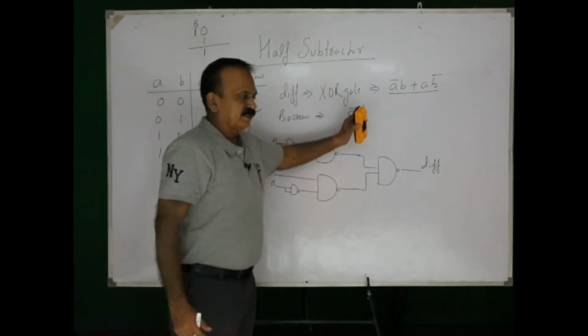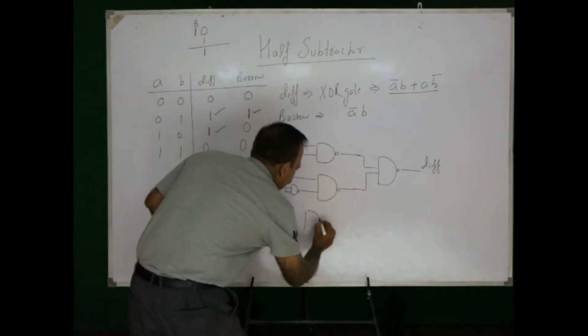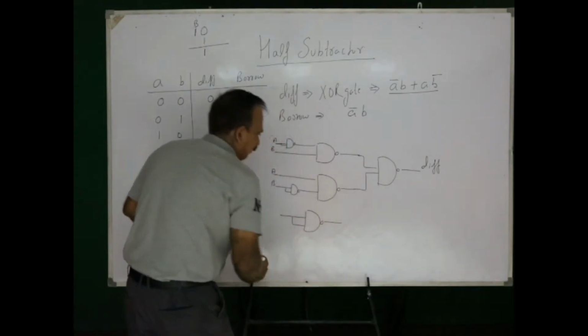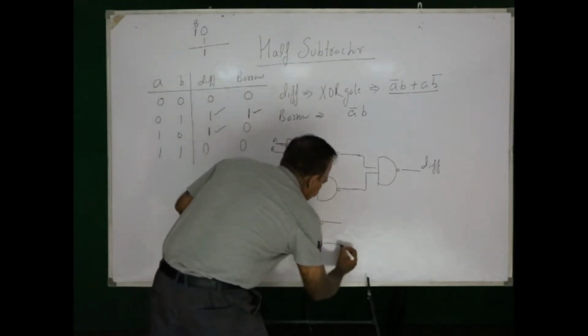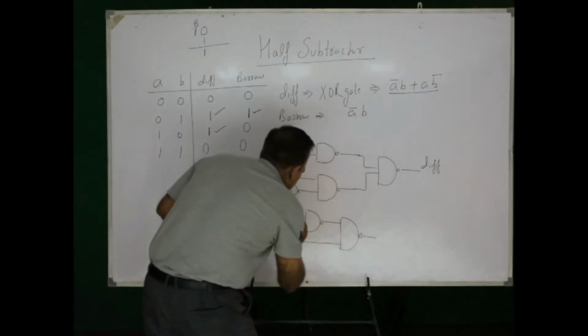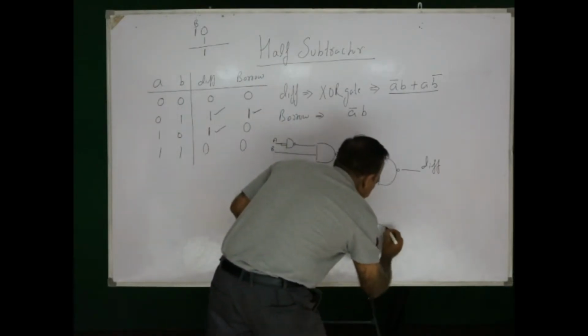Now, the second one is A bar into B. First it is A bar, by connecting both the entries, this is A bar, and with that the next one is B. So, A bar B, this is one, and we will be connecting it to another gate.